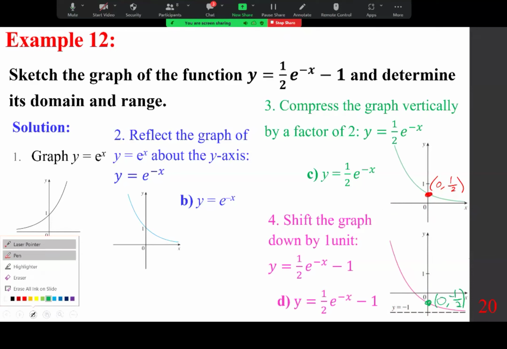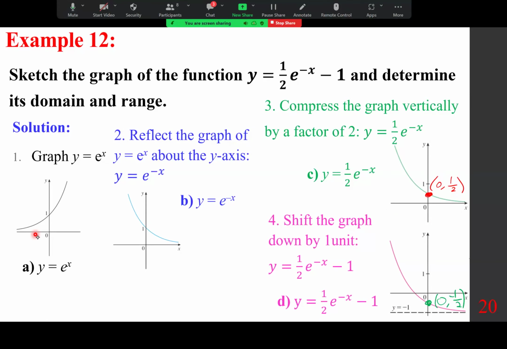So what happens as far as the domain and range is concerned? Domain here, here, here, here, all of them are real numbers. Domain hasn't changed. What about the range? The range 0 to infinity, 0 to infinity, 0 to infinity. But this one has changed because it has come down by 1 unit.